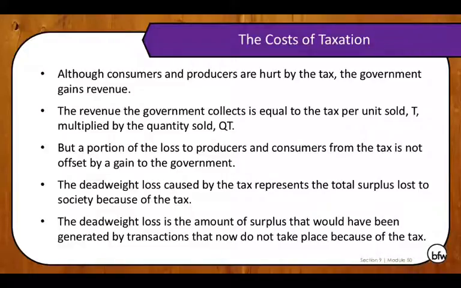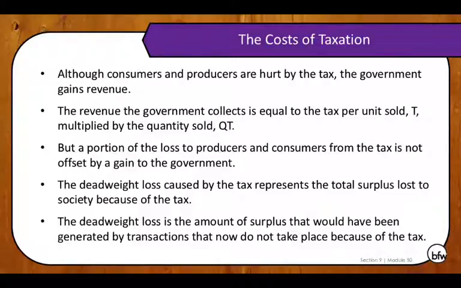So although consumers and producers are hurt by the tax, the government does gain revenue and uses it for public purposes. The revenue the government collects, we've seen, is equal to the tax per unit sold, T, multiplied by the quantity sold, QT. But a portion of the loss to producers and consumers from the tax is not offset by a gain to the government.